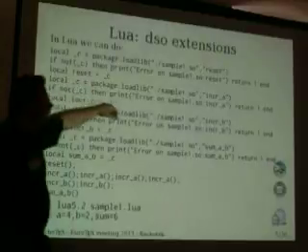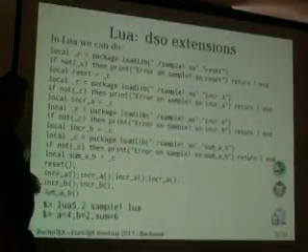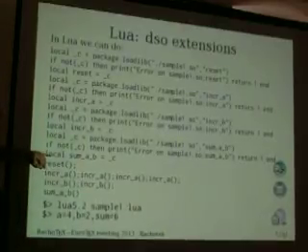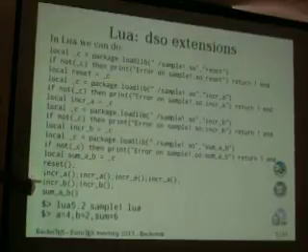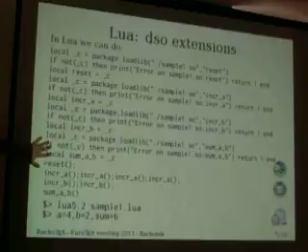I'm loading the C function reset. After I have loaded all the functions of my library, I just call this Lua function, and then I have the C function inside Lua.